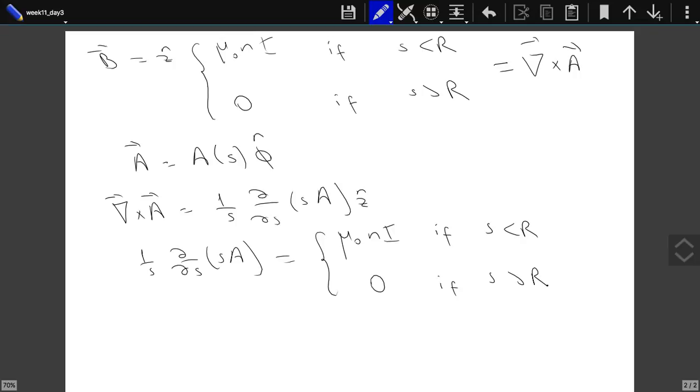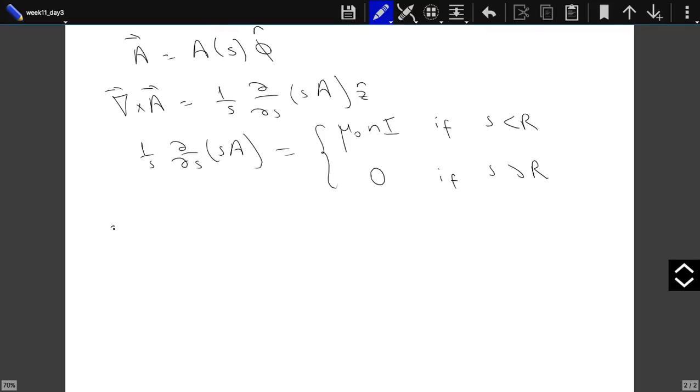Now let's try to solve this equation inside my cylinder first, for S less than R. The function A, the phi hat component of my vector potential, depends only on S, so that partial derivative is actually a total derivative.